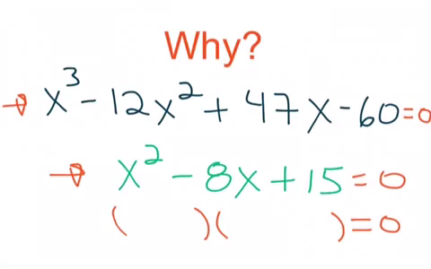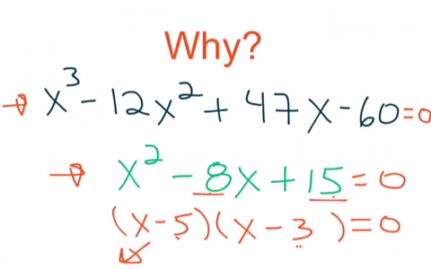So I would look for two numbers that multiply to be 15, but whose sum is negative 8. So for example, I might say this would be like negative 5 times negative 3. Negative 5 times negative 3 is 15, but negative 5 plus negative 3 is negative 8. Once I had this, I could set each factor equal to 0 and I could solve that polynomial equation.